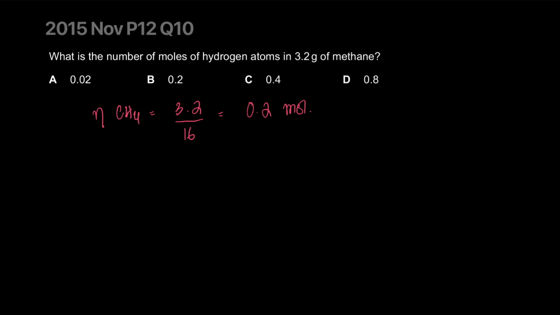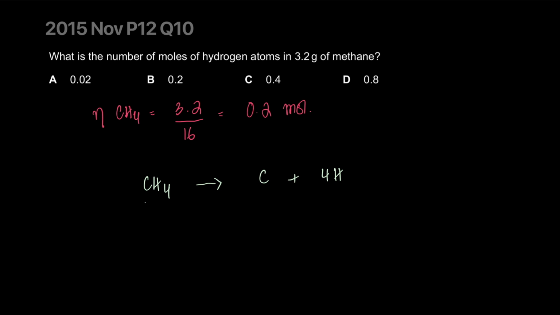Now take a closer look over here. They're talking about how many moles of hydrogen atoms are there. So let's make up a fake equation. If one molecule of CH4 randomly decomposes to its constituent elements, it'll make 1 carbon atom and 4 hydrogen atoms.